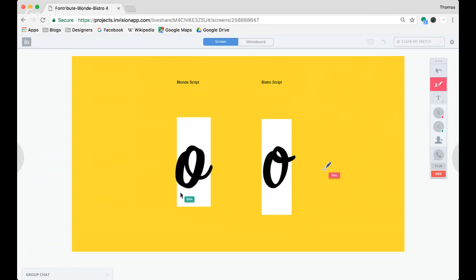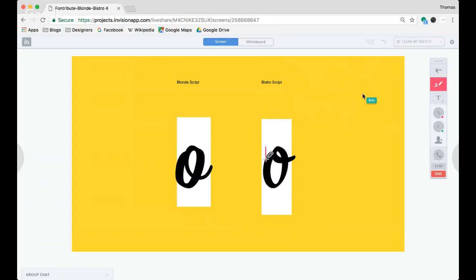So this is cool. Check out the difference. Blonde, I have a feeling, is going to be a lot more regular in its approach to keeping the same angle, because check out the general form of this. It has that same angle and flow as the N, but Bistro is now tipped, angled a little bit in the opposite direction, I think I'm sensing.